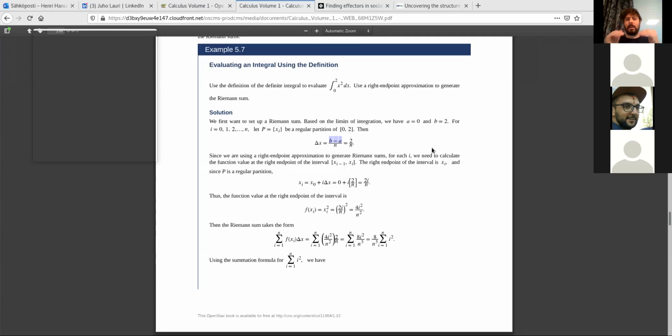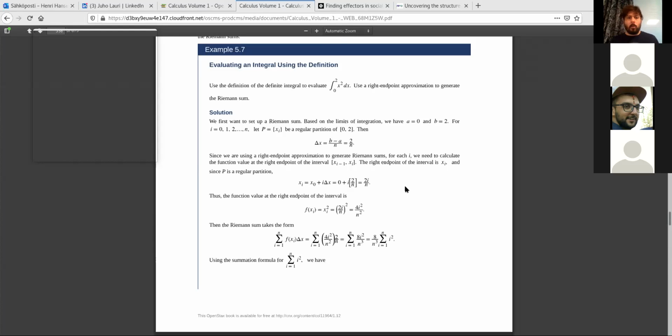If we divide it into n pieces, that's 2 over n. So each xi, the point, will be the beginning point x0 plus i times delta x. Because delta x is 2 over n, this will be i times 2 over n. So it's 2 times i over n. That's each of the points.